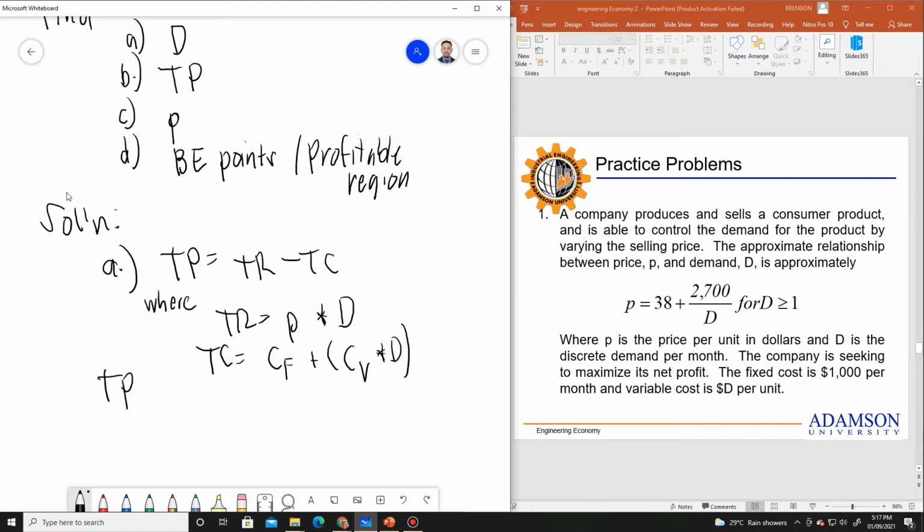Therefore we will get TP equals P times D minus TC, which is bracket C sub F plus quantity C sub V multiplied by D.